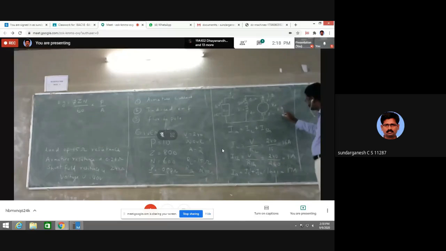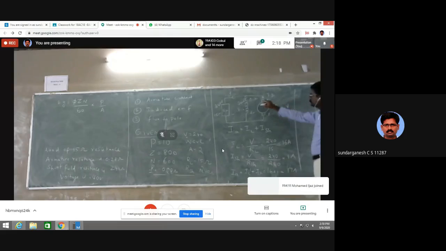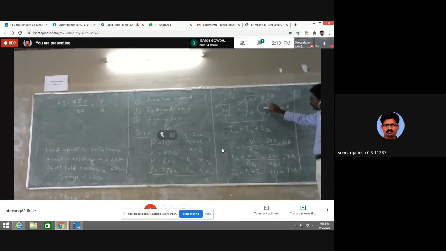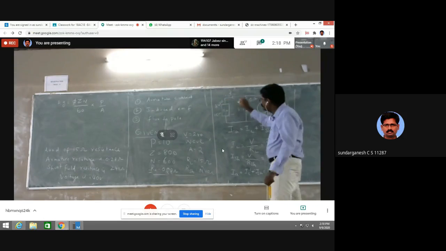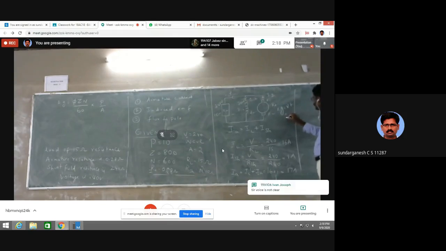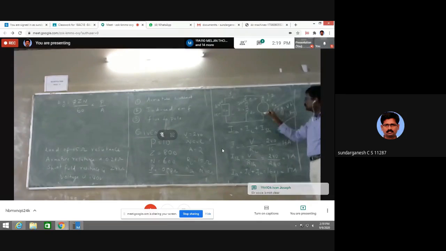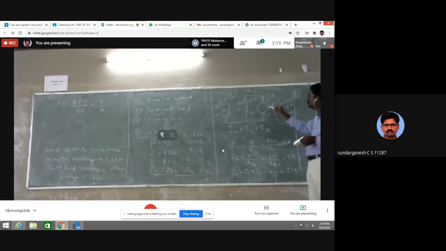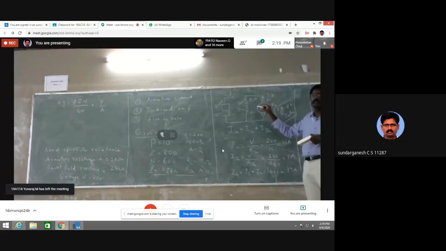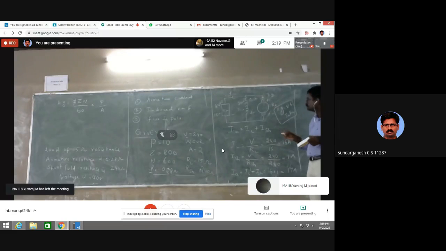So Eg equal to V. This voltage is 240. There is some resistance here, RA, so IA into RA is the voltage drop. After generating the voltage, there is some voltage drop in the armature resistance, that is IA RA.